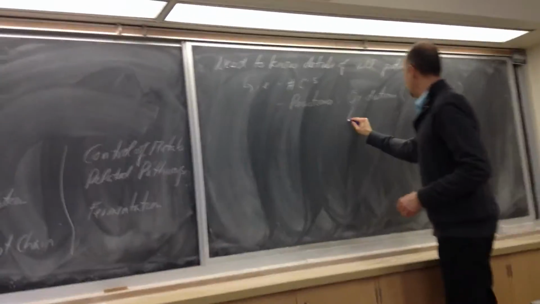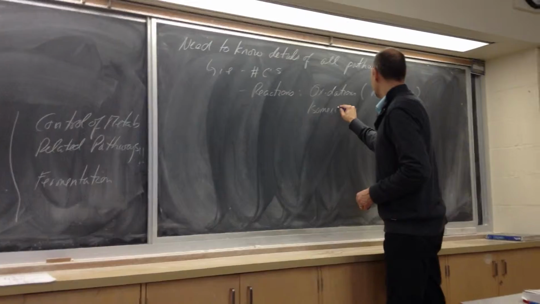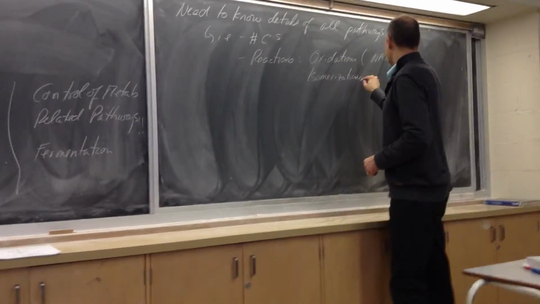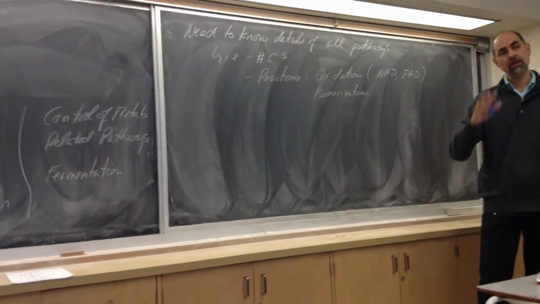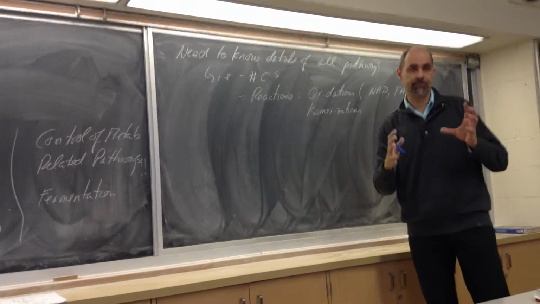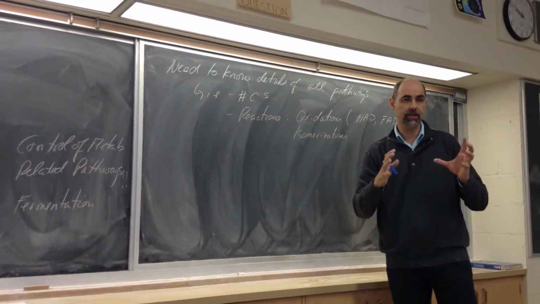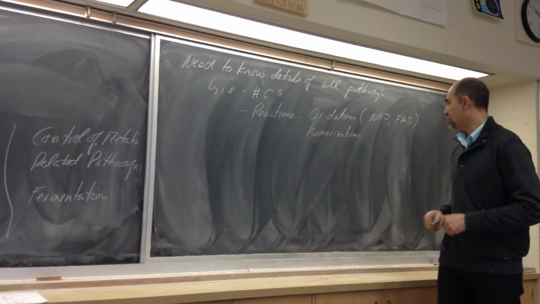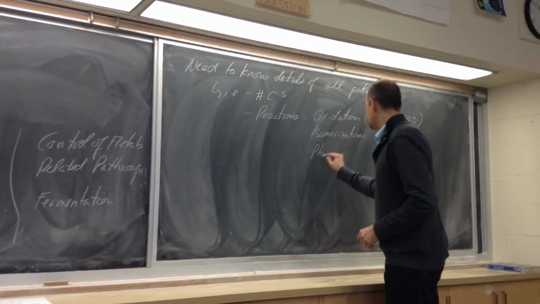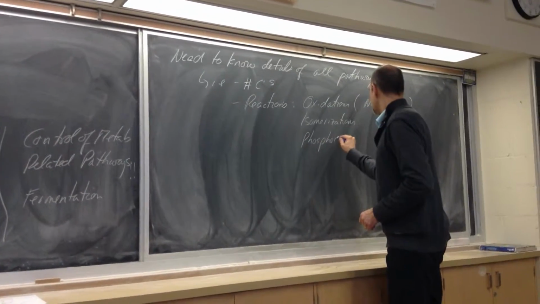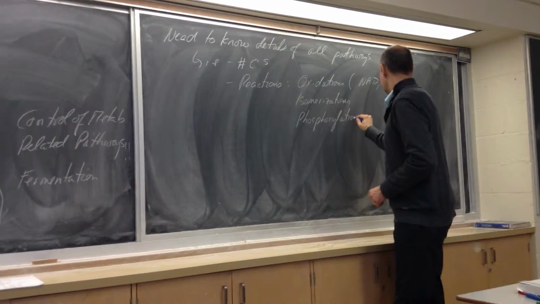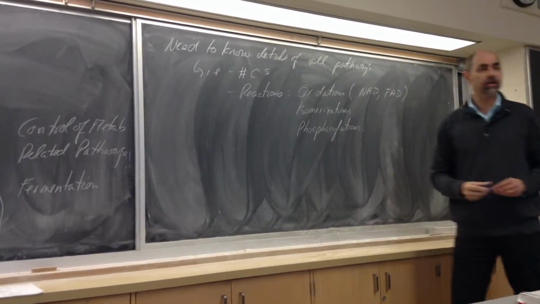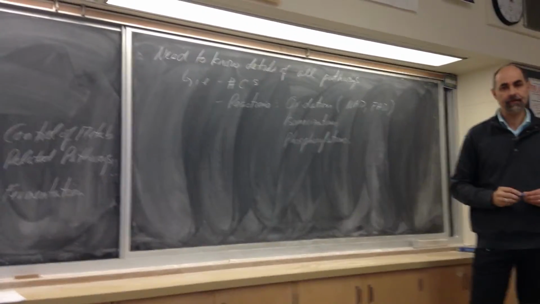We also saw isomerizations, did we not? Often after a reaction, the molecule had to shift its bonds a little bit to become more stable. We had phosphorylations. That's when phosphate is added, right?